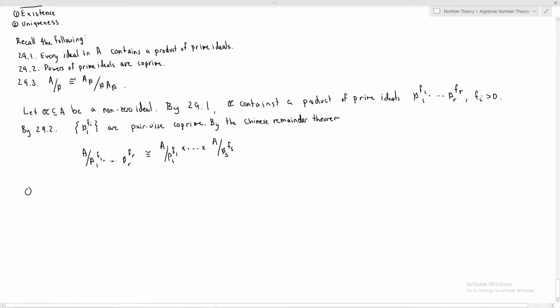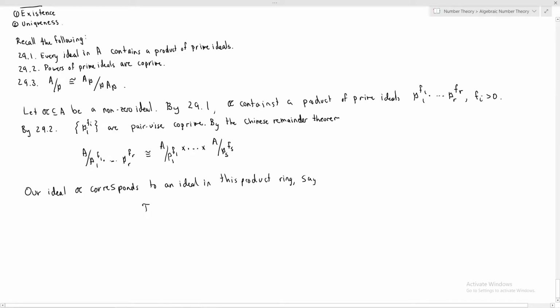So our ideal 𝔞 corresponds to some ideal in this quotient ring, since 𝔞 contains this ideal, to an ideal in this product ring. And I know, by maybe my fifth lecture, that ideals in this product ring are products of ideals.